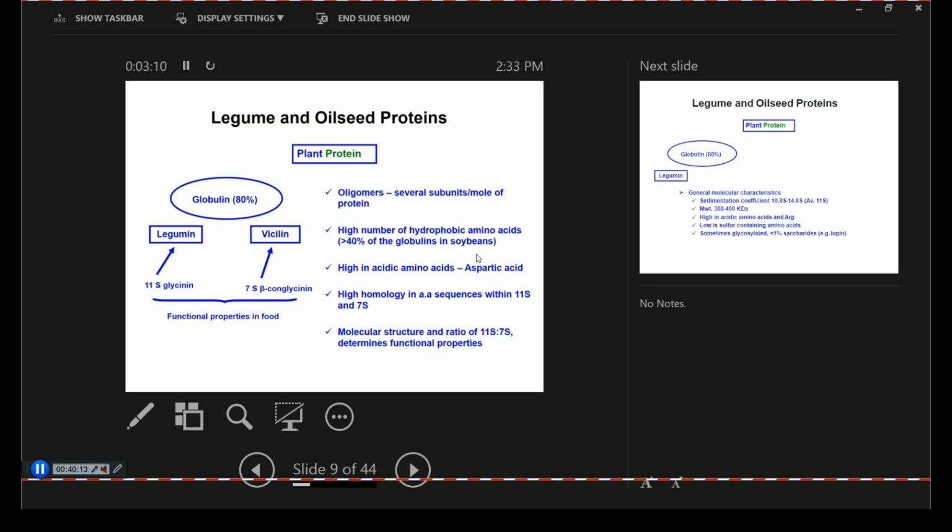Larger number, larger sediment? So is it a lower molecular weight or a larger molecular weight? Larger. Okay, so if it's larger molecular weight, then it sediments faster. I think it's confusing because the definition of sedimentation coefficient is the ratio of the speed of sedimentation to the centrifugal force.